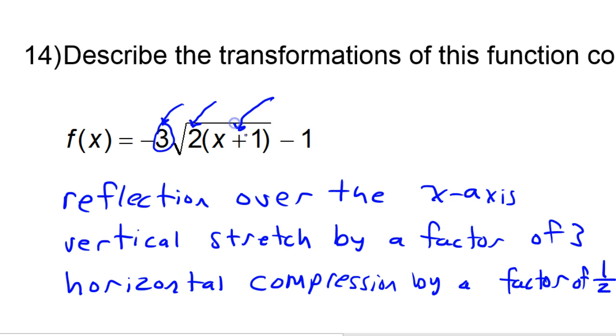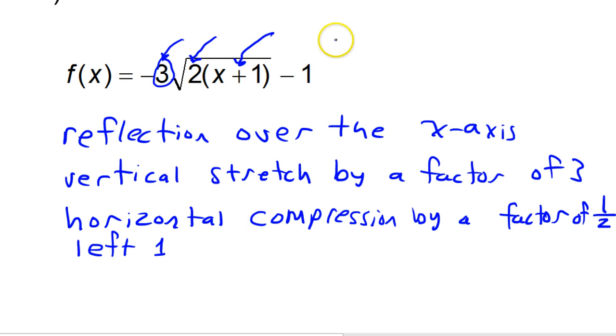Okay, now this plus 1 is going to be a horizontal motion, and it will be left 1. Alright, again, anything in here will be the opposite of what it looks like. This -1 on the end will send the graph down 1. Okay, so 5 transformations.